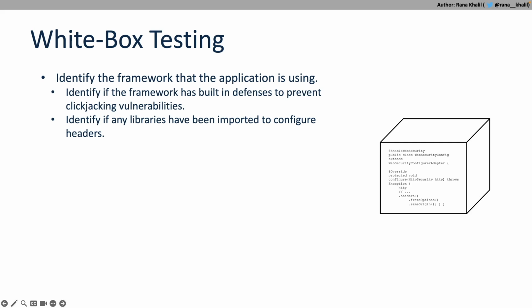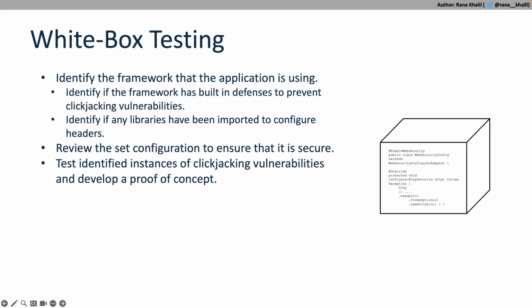But in either case, all you really need to do is review the set configuration to determine that it's secure. If you do find instances where the configuration is not secure and it could potentially lead to clickjacking attacks, then all you need to do is develop a proof of concept and test it on a running application. And that's pretty much it when it comes to the white box testing perspective.